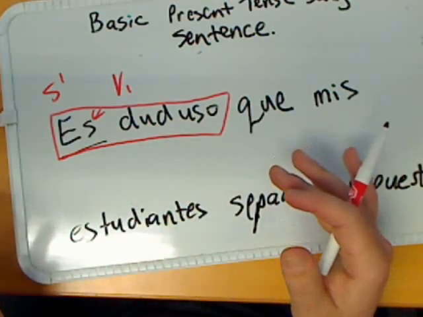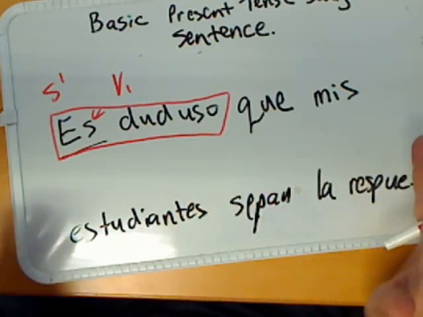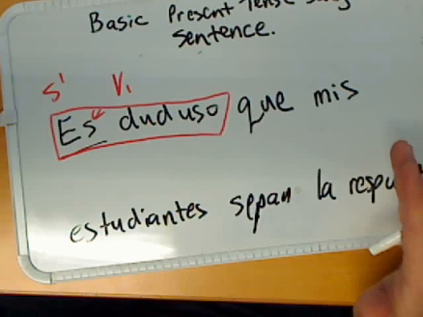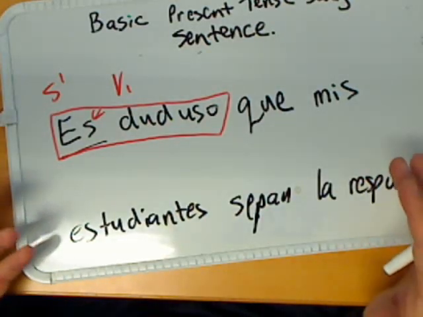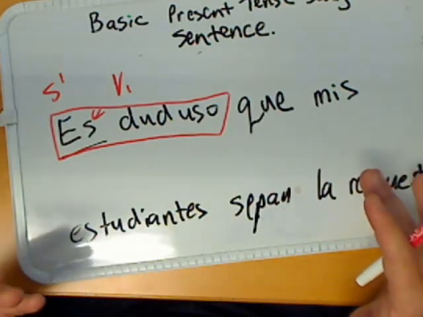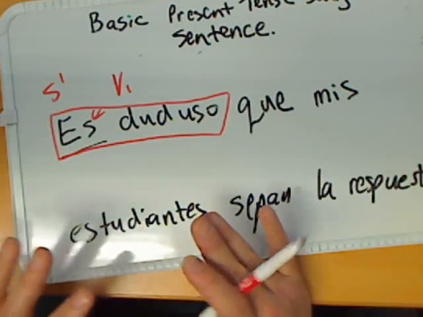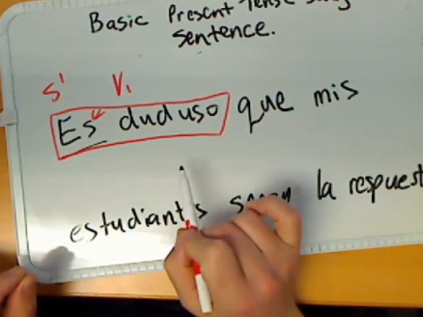For example, it's doubtful that the Packers will win the Super Bowl. That is my opinion, where somebody else would say, no, they are going to win the Super Bowl. It is not doubtful, it is certain that they're going to win. So it's an opinion. This impersonal expression has to express an opinion.